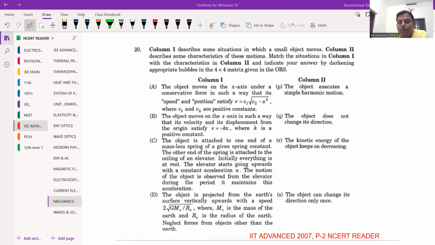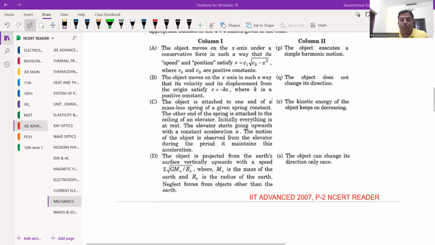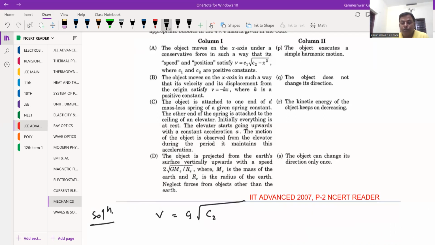If you analyze this relation between speed and position properly, then you can think about it in an easy manner.